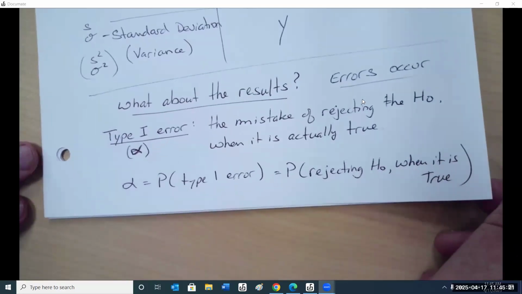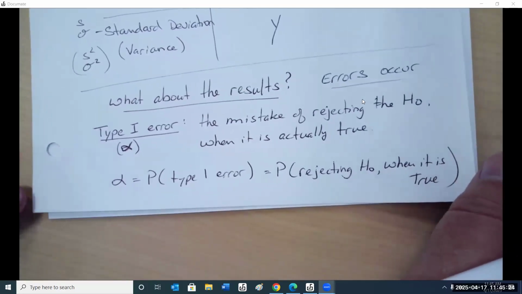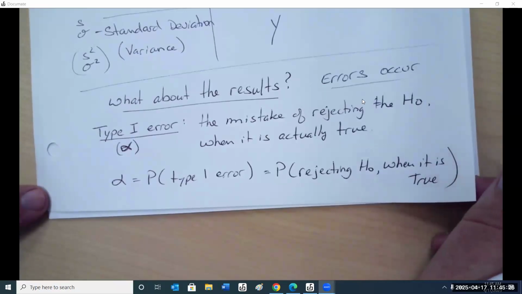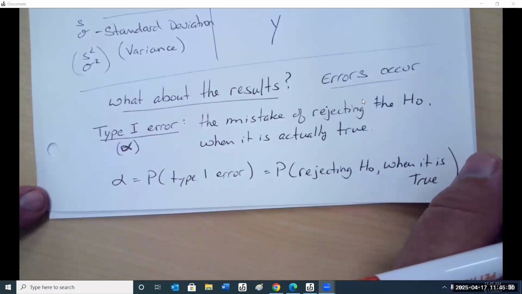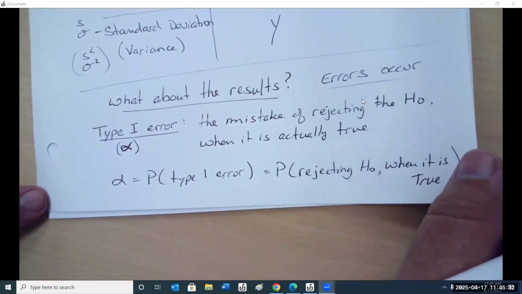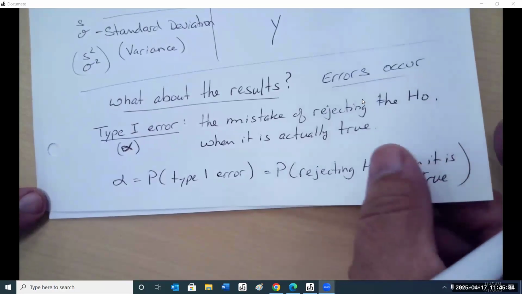So if type 1 is alpha, what do you think type 2 is going to be? What's the next letter in the alphabet? Alpha after alpha? Beta. So the type 2 error is referenced to as beta.